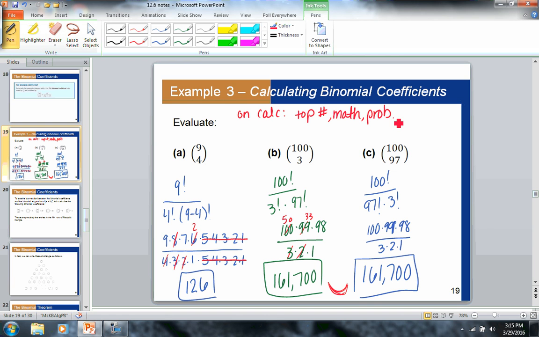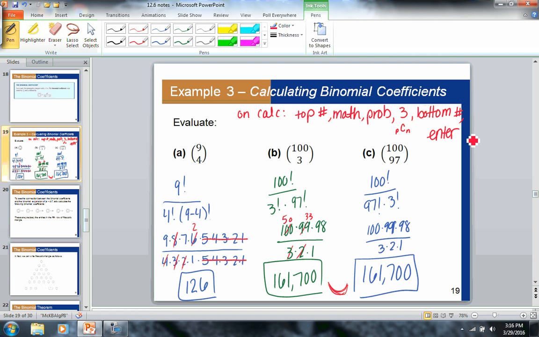And then select option 3, which looks like a P and then a capital C and then an N. That's the notation for a combination. And then you want to enter the bottom number, and then hit enter. And it will evaluate it for you.